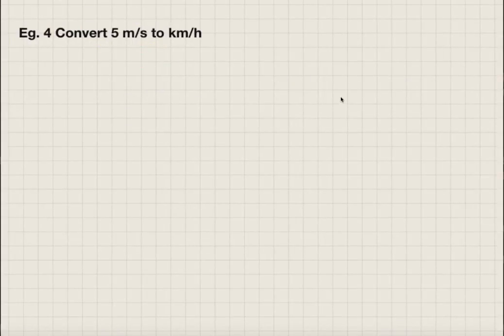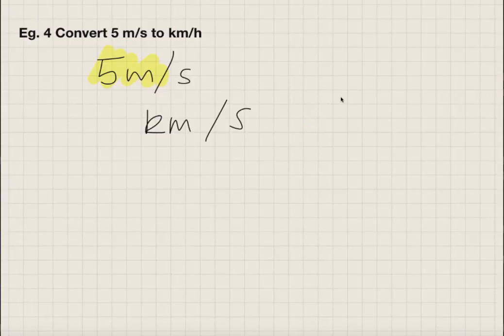Example 4, convert 5 meters per second to kilometers per hour. So 5 meters in 1 second to kilometers per hour. So let's focus on the meters part first. Meters to kilometers, we are going from a small unit. So we want to go kilometers per second first.